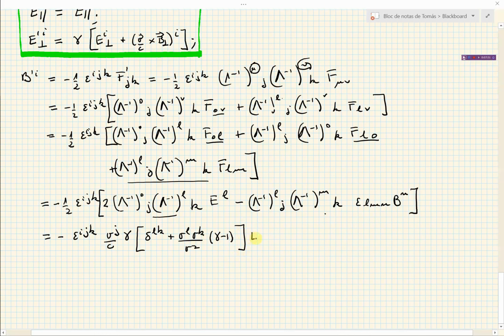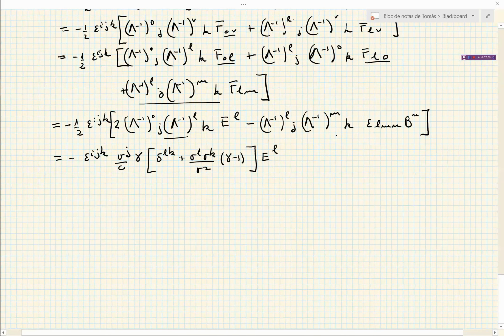And all these multiplying EL. Okay, and the same for the next term. So it is plus 1/2 epsilon I j k, and we have two terms like this.